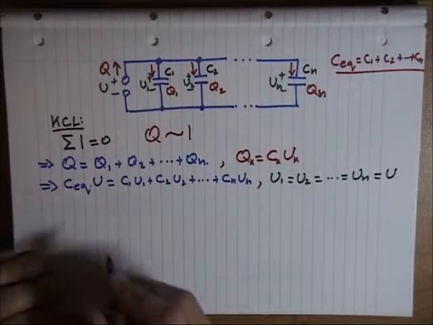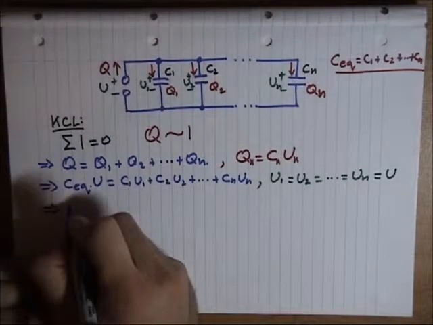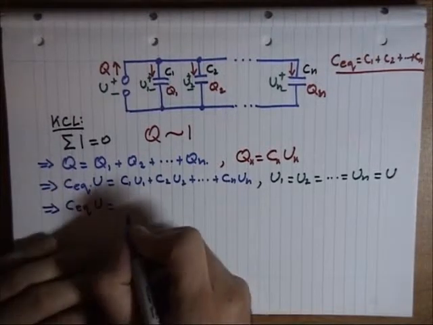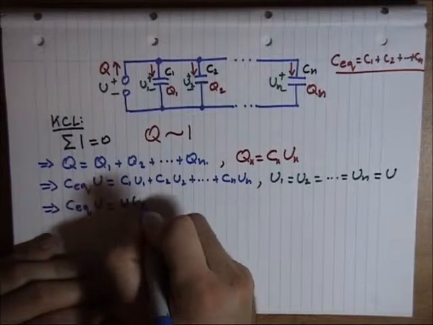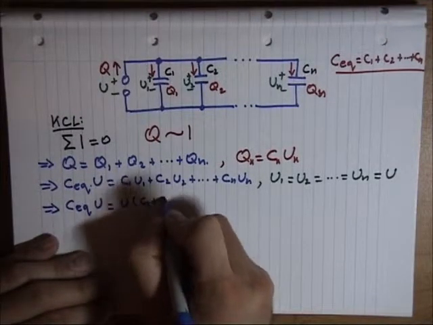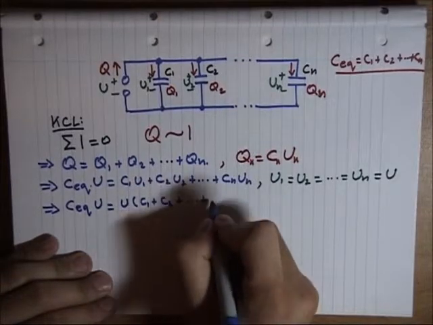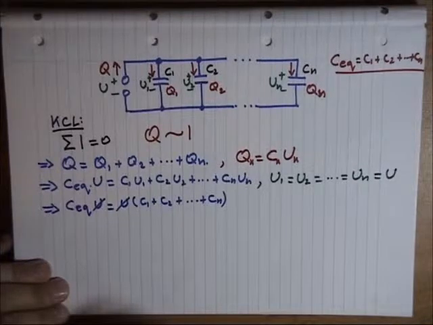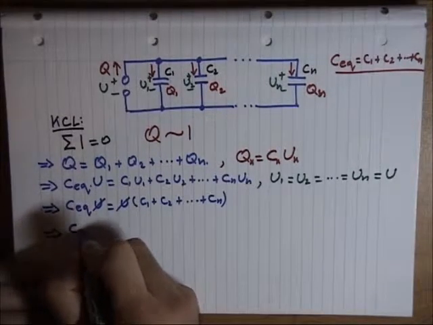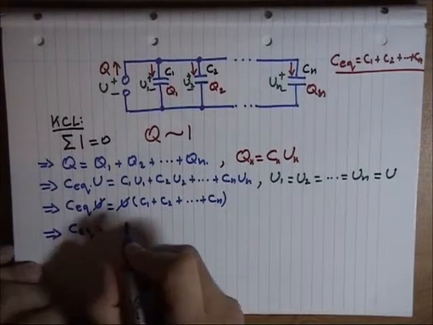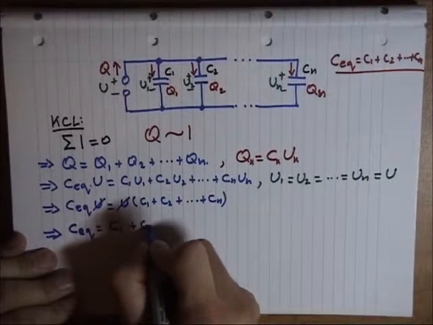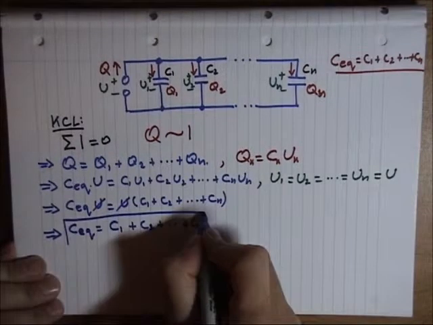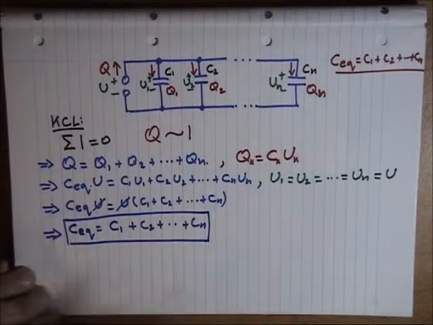And so we are left with C equivalent times U is equal to U times C1 plus C2 plus Cn. U and U are simplified, and we are left with C equivalent equal to the sum of the individual capacitances of our elements.